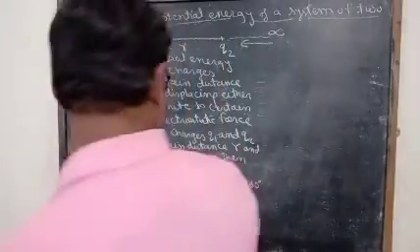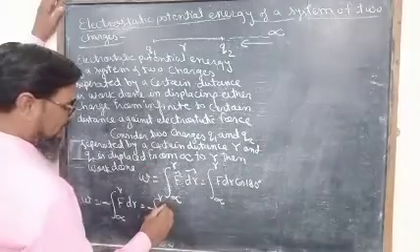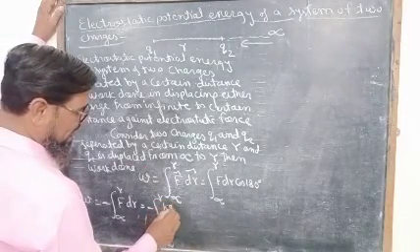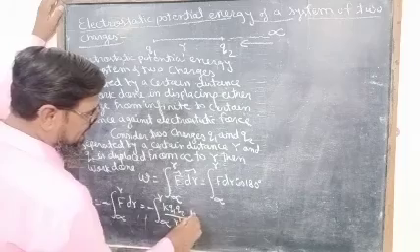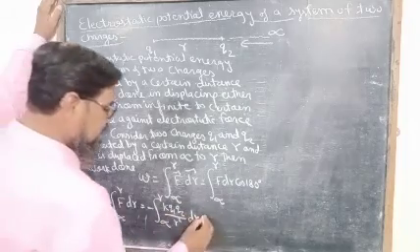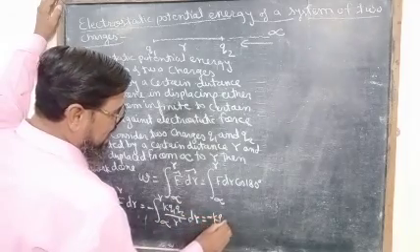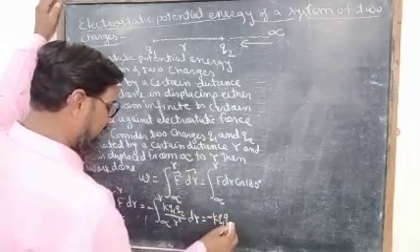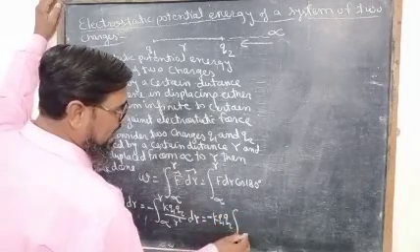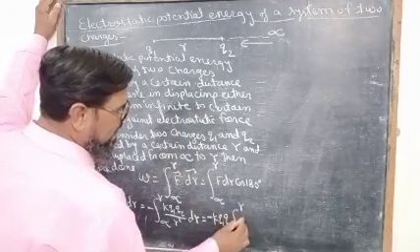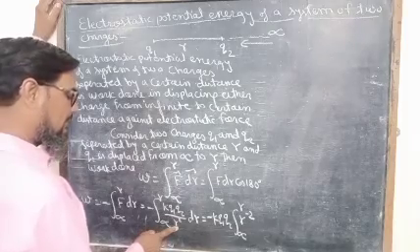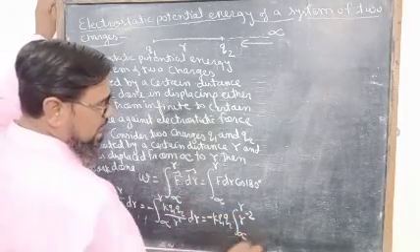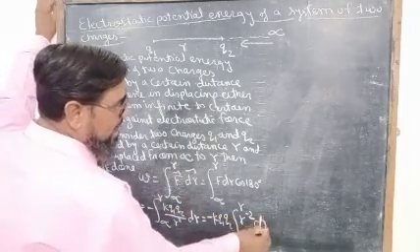So we considered cos 180, and F is equal to K Q1 Q2 upon r square. So W is equal to minus K Q1 Q2 integral from infinity to r of r to the power minus 2 dr.